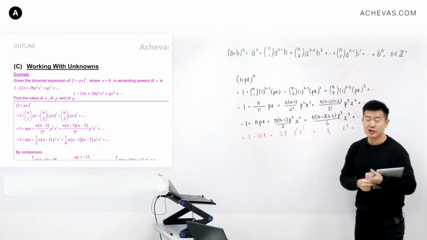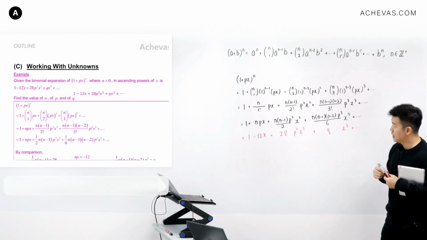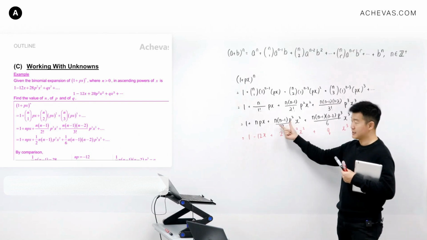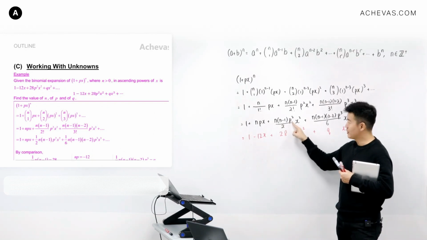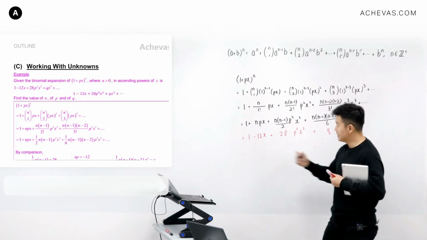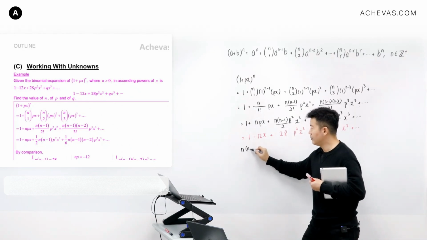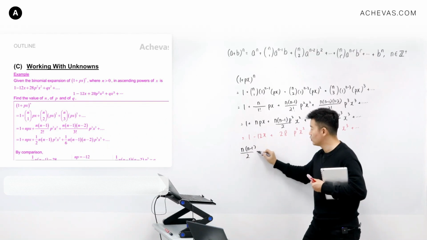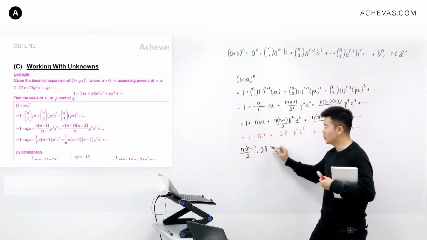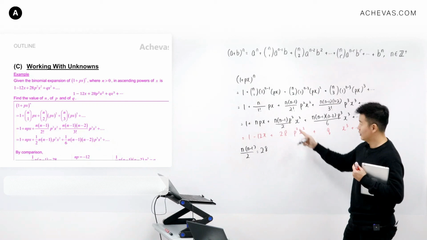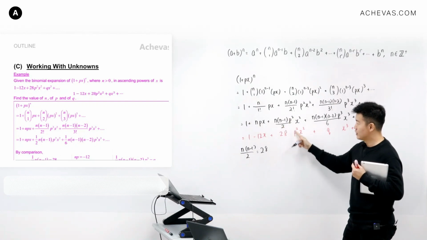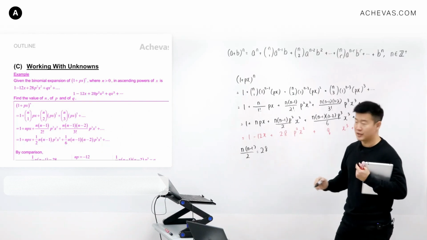So now if I were to match the coefficients, I'm going to make use of this first. Because this is x square, p square, which means that this n minus 1 divided by 2 should be equal to 28, correct? I'm matching this to this.